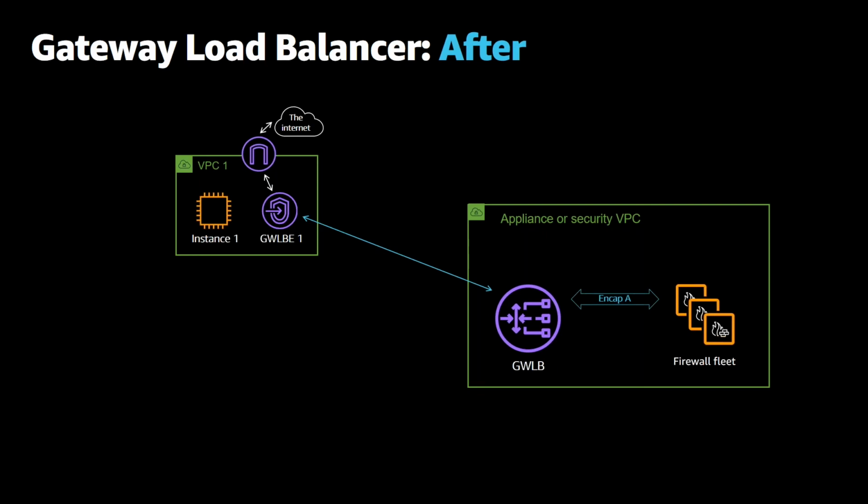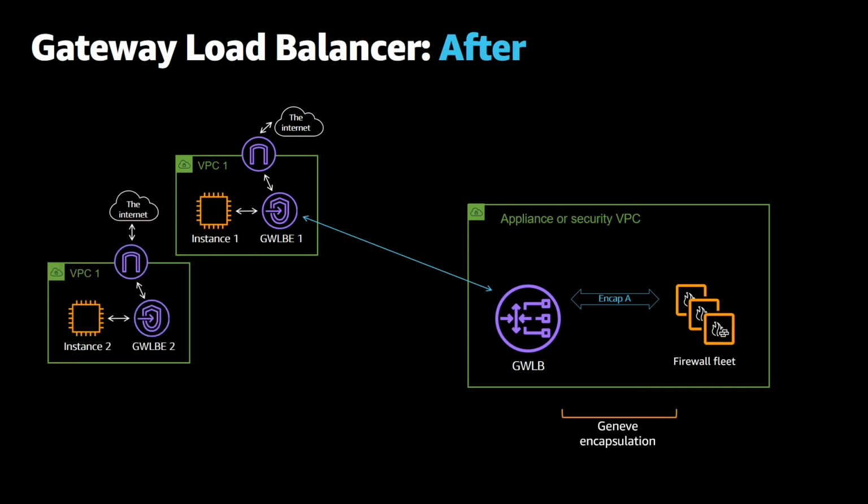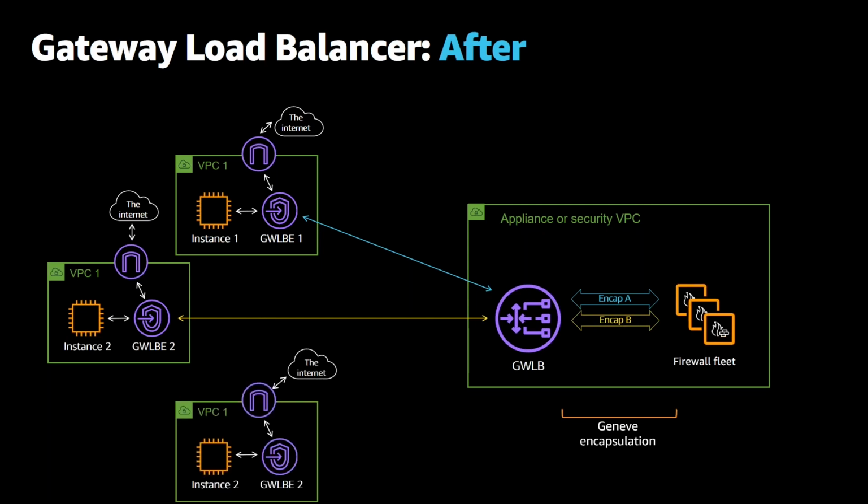All right. So all that is encapsulation A, by GENEVE. And then I have another VPC, VPC 2 in this case, same case, right? Encapsulation B. And then VPC 3, encapsulation C, and so on, right? So that's why you need this GENEVE encapsulation.